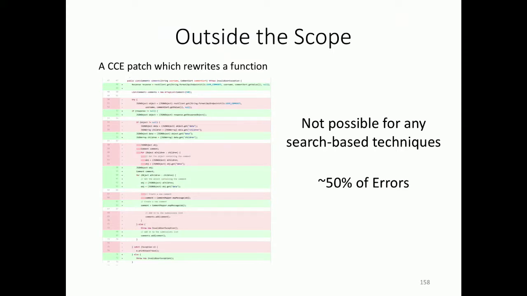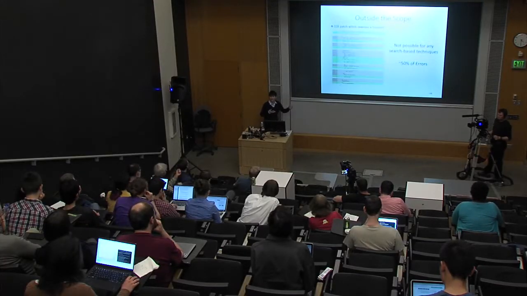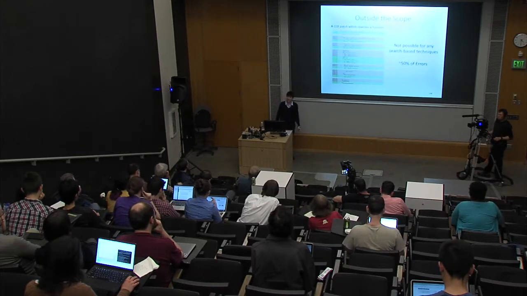Based on our experiments, working on a lot of errors and collecting them, and also roughly aligned with what you're saying, a little over 50% of those errors we believe are outside scope. For example, it needs to rewrite a whole function or make a lot of changes. I believe that is outside the scope of current techniques, and I don't see any search-based technique getting past that, because of the search explosion when you want to search through all these kinds of changes.